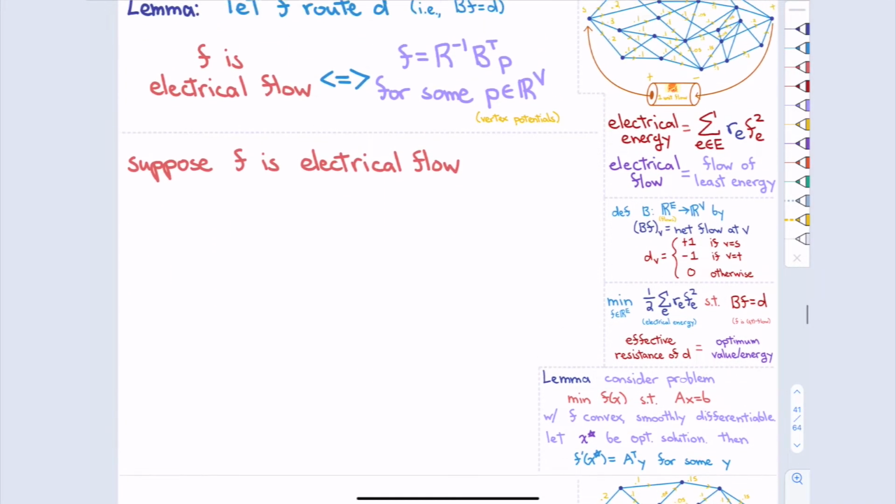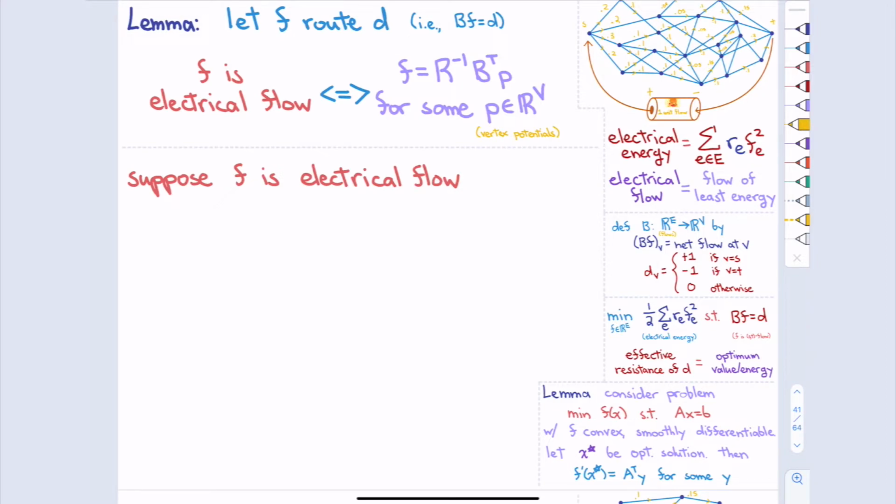Okay, so what is the convex function we're trying to minimize, right? There's some mix up of notation here, so I'll write phi as the function. So phi of f is equal to 1/2 sum over e of resistance times the flow squared.